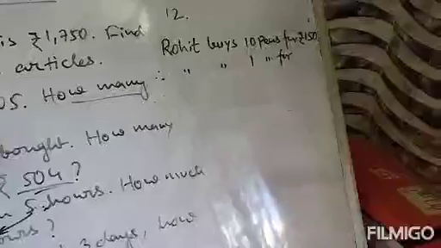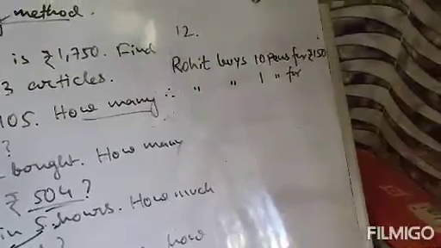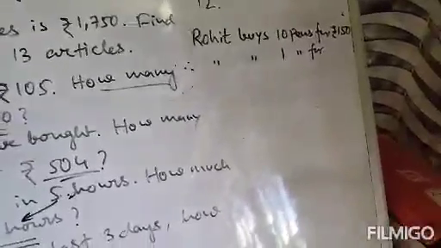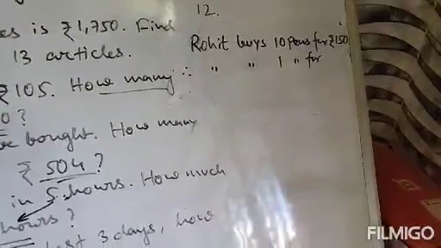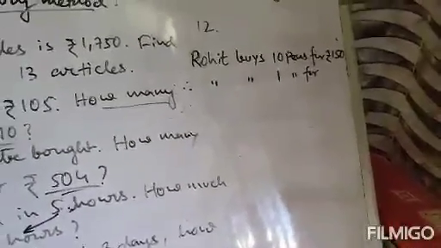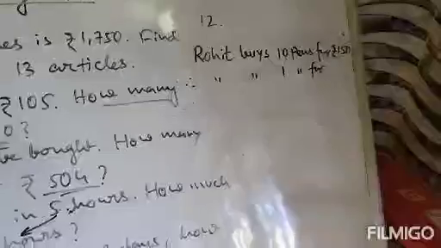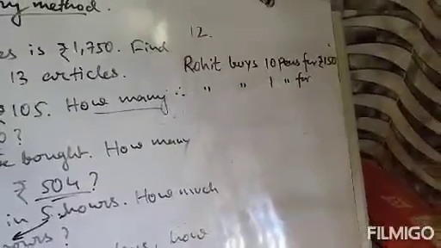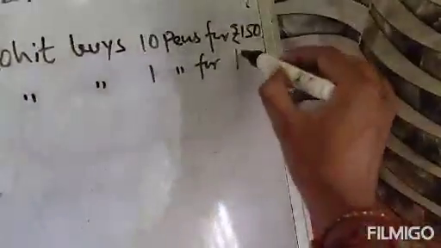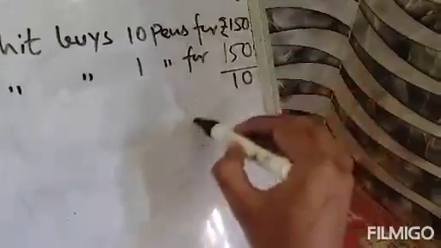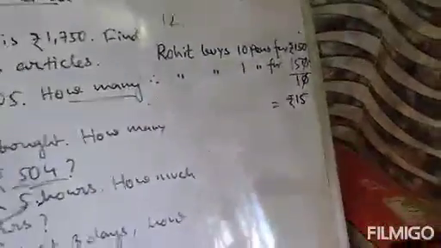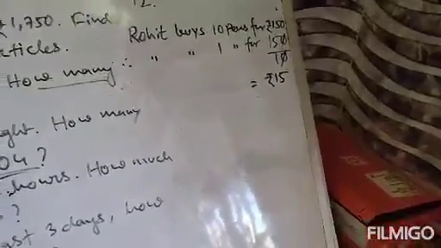So the cost of 1 pen will be less than 150, because the number of pens decreases from 10 to 1. So it will divide, and the price will also decrease. So 10 pens cost him rupees 150, 1 pen will cost him rupees 15.